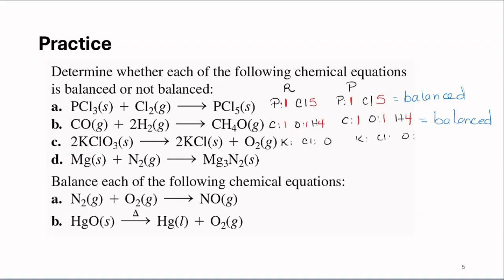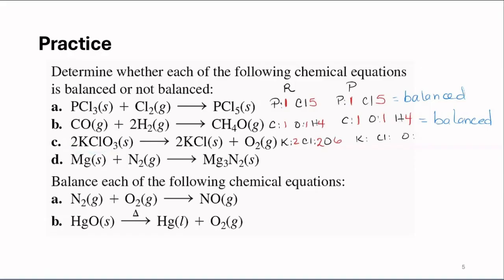So I have in the reactant 2 potassiums. Same thing with chlorine. Chlorine has a subscript of 1 times 2. That means that there are 2 chlorines. And since oxygen already has a subscript of 3, it's going to be multiplied by the 2. So 2 times 3 is going to be 6 oxygens.